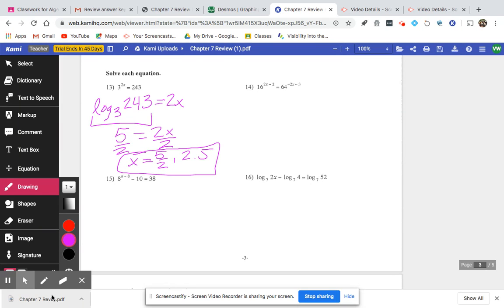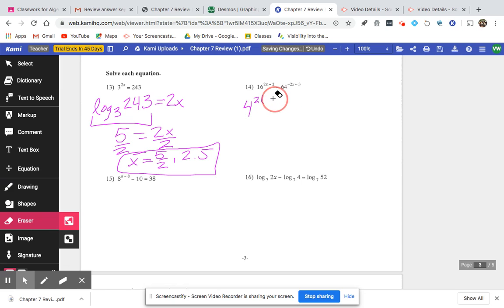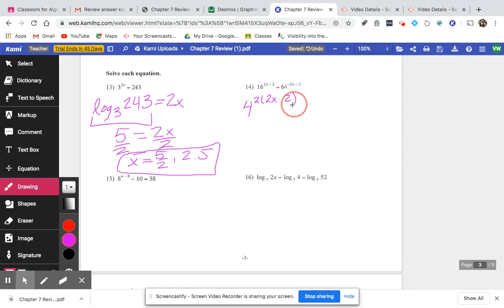And I see that 4 lives in each one of them. 16 is 4 squared. So we have 4 squared to the 2x minus 2 power, equals 64, which is 4 to the 3rd, to the negative 2x minus 3.